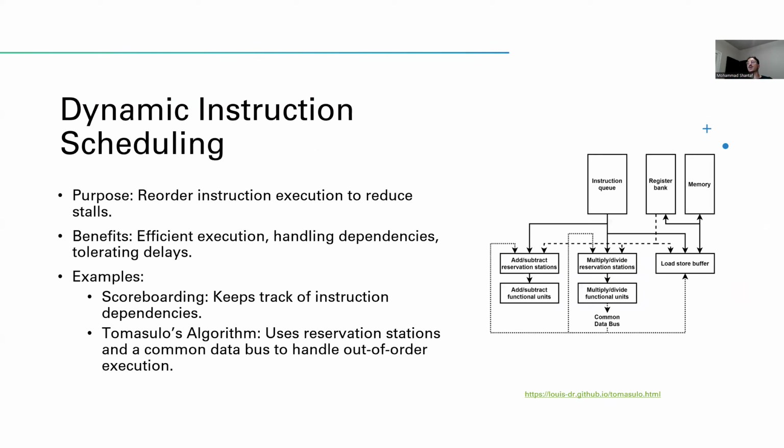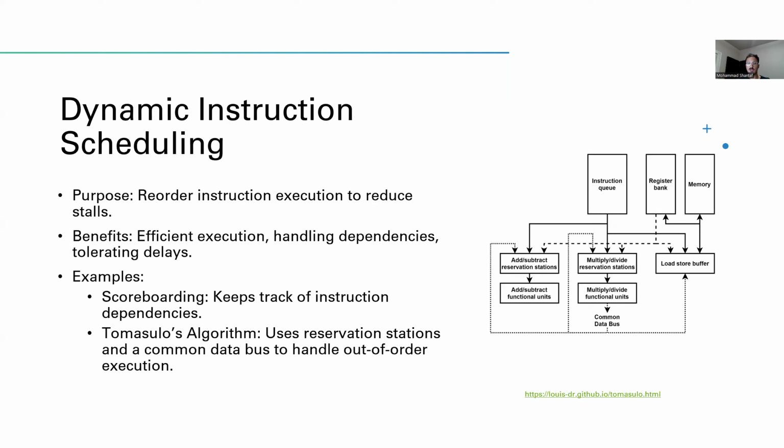Next, we'll be talking about dynamic instruction scheduling. The purpose behind this is to reorder the instructions in execution to reduce stalls. Like we said, it falls under out of order execution as well. The benefits are that it has a far more efficient execution, it handles the dependencies, and it tolerates any delays.